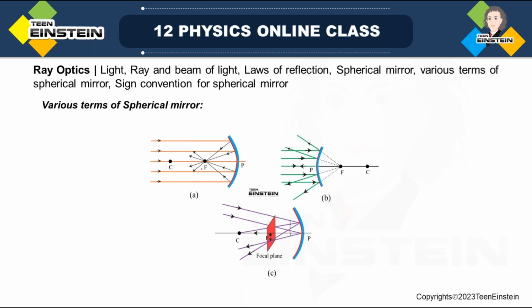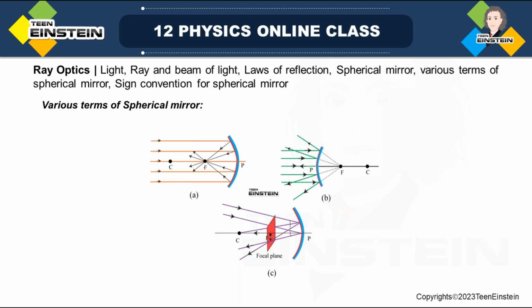When parallel rays are reflected by a spherical mirror, they converge or pass through a point on the principal axis. That particular point is called focus.